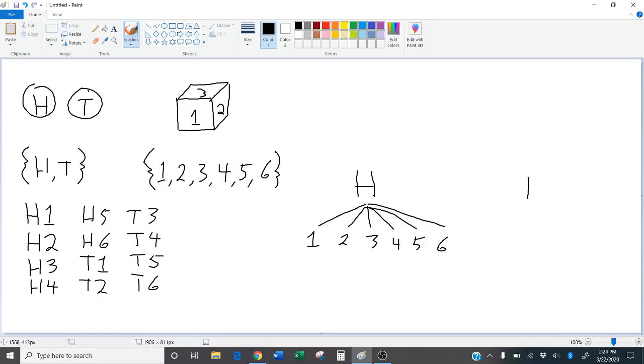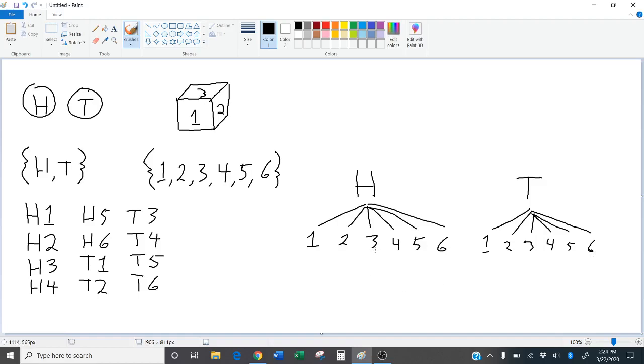Or I might get a tails, and after I flip the tails, I could then roll the die and get a 1 or a 2 or a 3 or a 4 or a 5 or a 6. And once again, how many different combinations do I have? 1, 2, 3, 4, 5, 6, 7, 8, 9, 10, 11, 12.